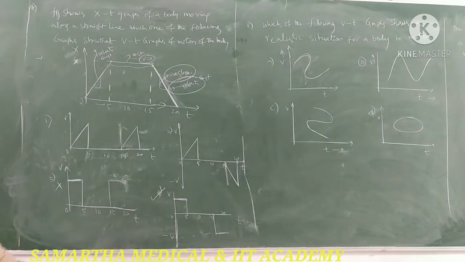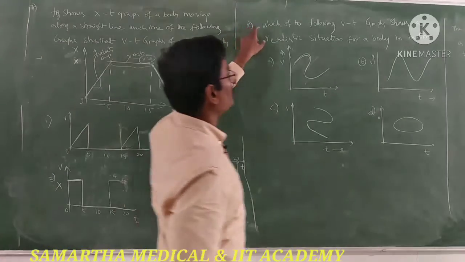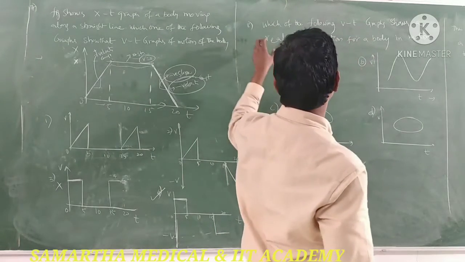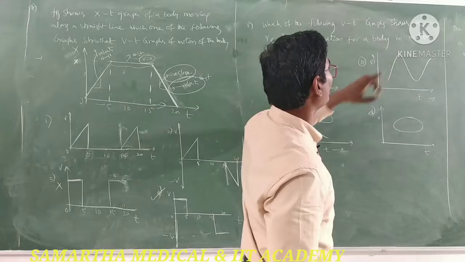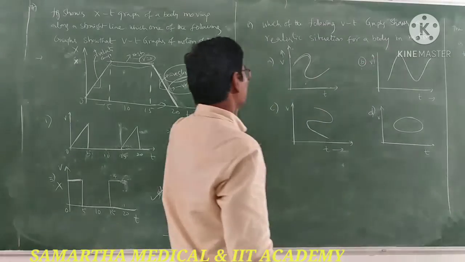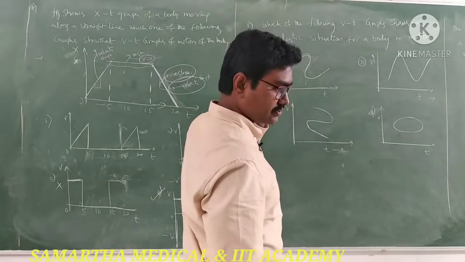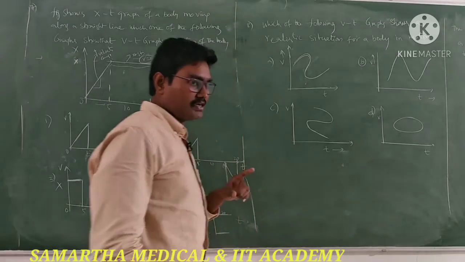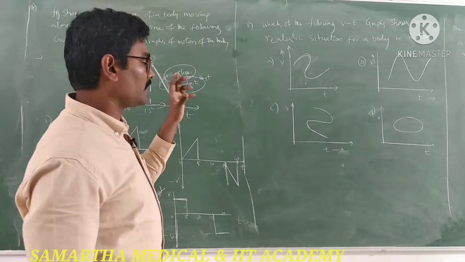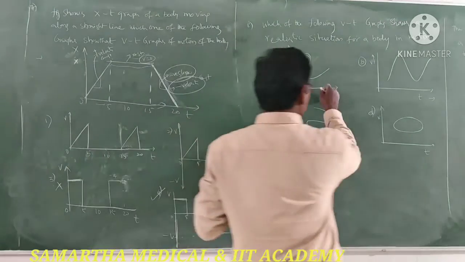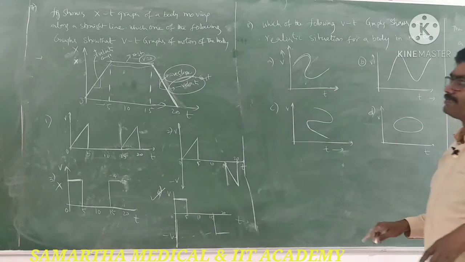Okay, next, we go to the next one. Which of the following velocity-time graphs shows a realistic situation of a body in motion? See here, these are all velocity-time graphs only. You should know one point here: time cannot be negative.